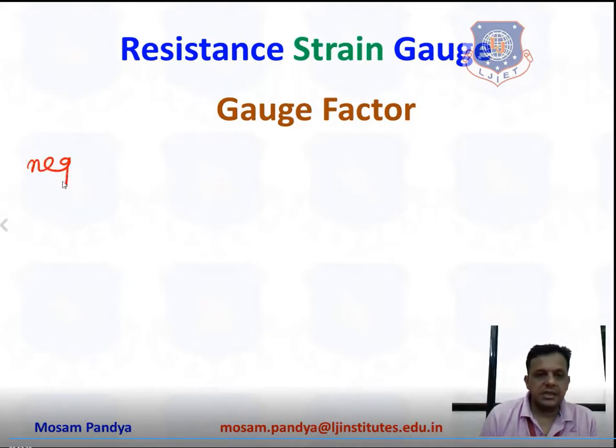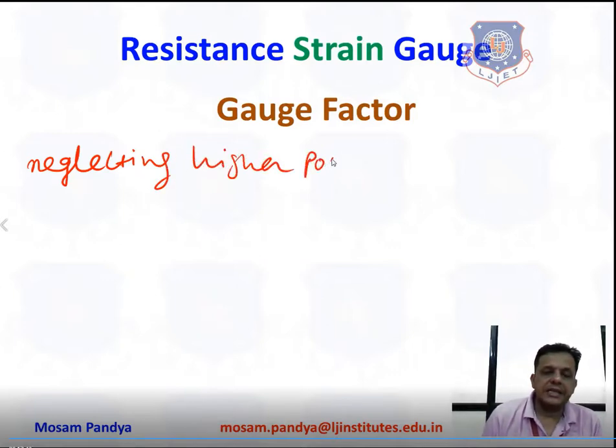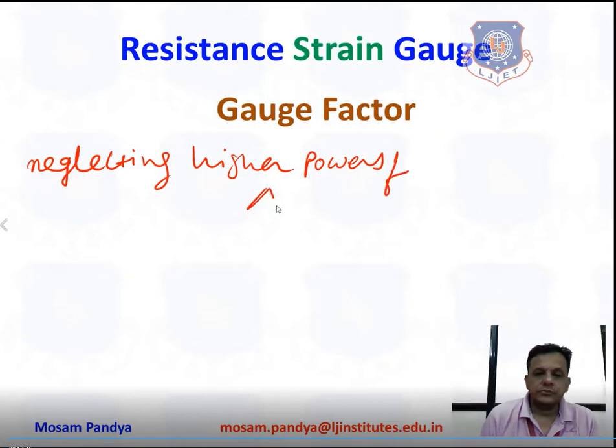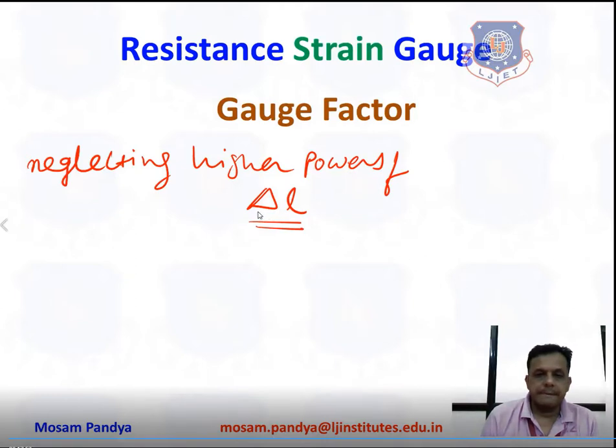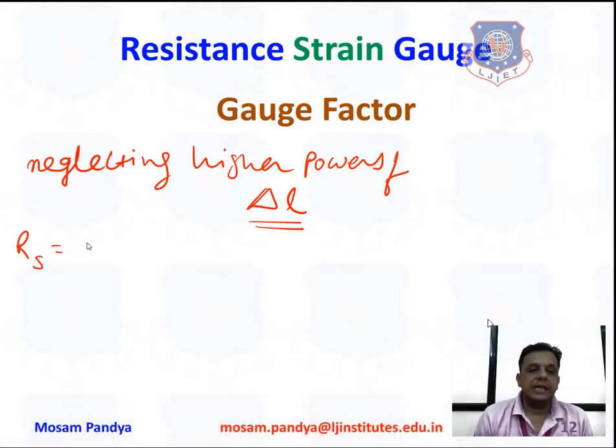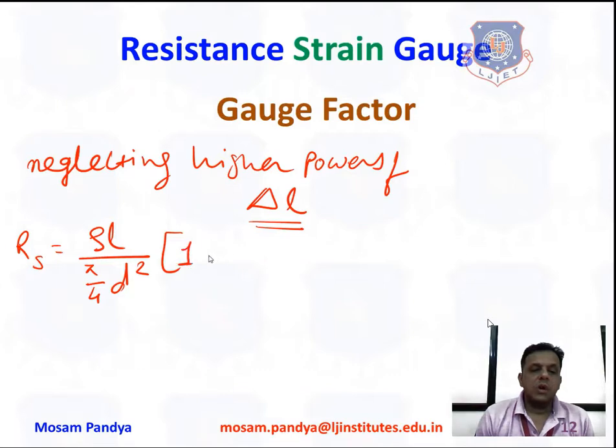Let us rewrite the equations by neglecting the higher power of delta L, that is delta L square. Here we will be neglecting higher power of delta L, and we will rewrite the equation Rs is equal to rho L upon pi by 4 d square in bracket 1 plus 2 mu delta L by L. Here by mistake I am using a different notation for mu, but it is as good as our Poisson's ratio mu.